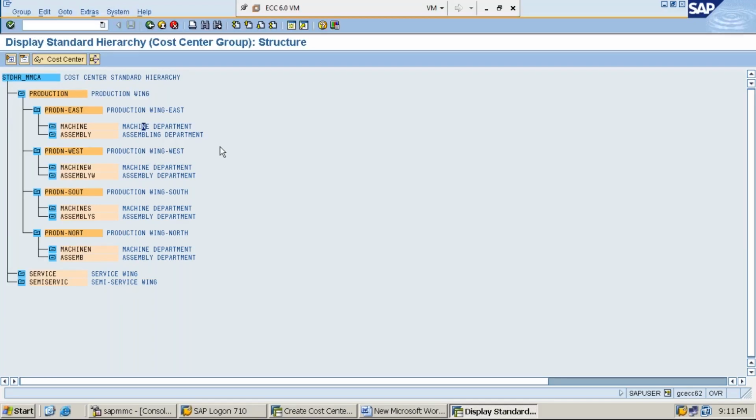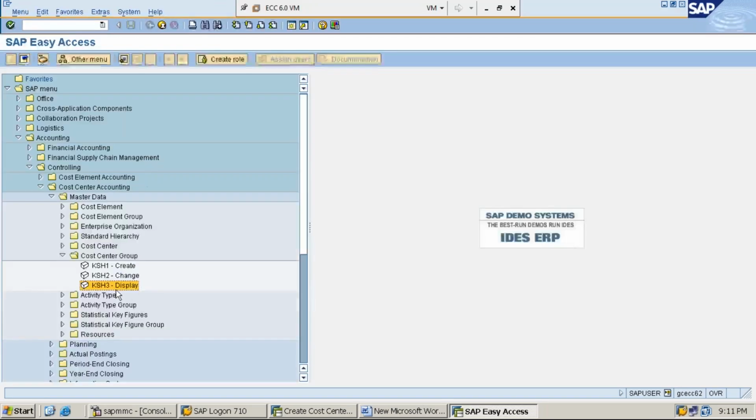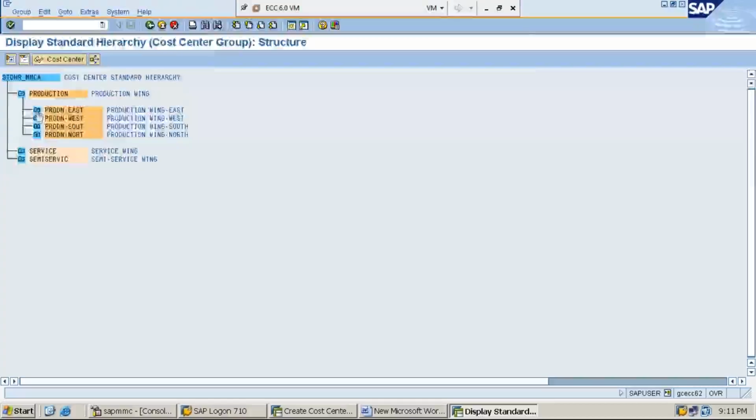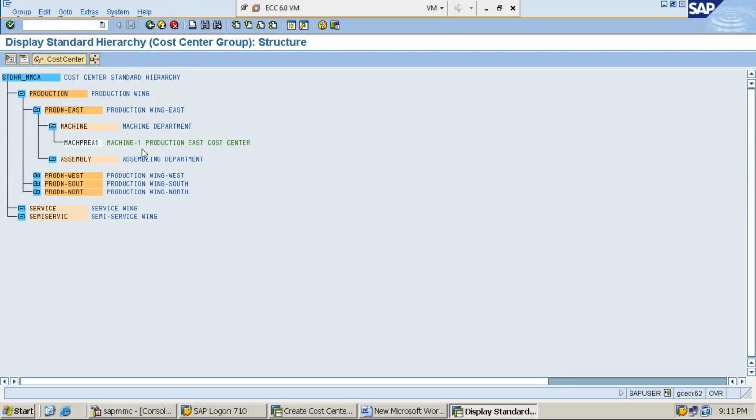The reason is the screen has not yet been refreshed after creating the cost center. I'll go back and double click here. Now I'm expanding production east, machine, and see here, machine production east cost center. Visible?